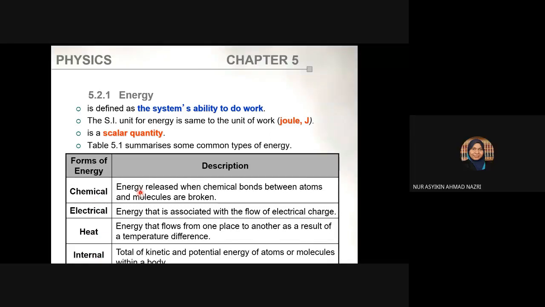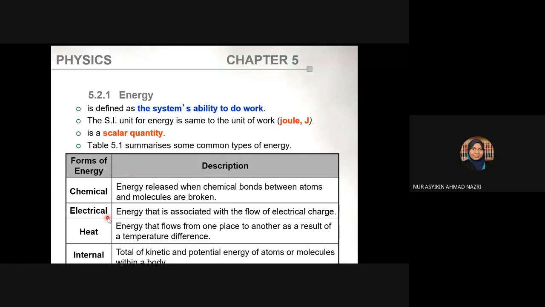Chemical energy is energy released when chemical bonds between atoms and molecules are broken. This energy we cannot see. It happens chemically, in the chemical bond. But you can calculate it, like what you calculate in chemistry, the kilojoules. That is what you calculate.